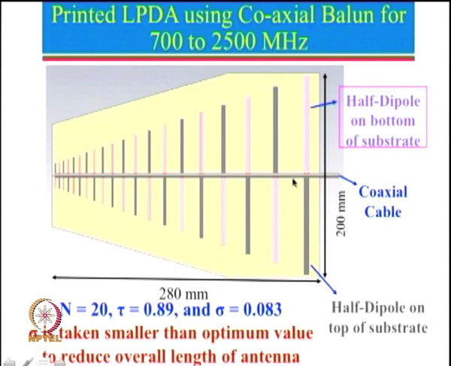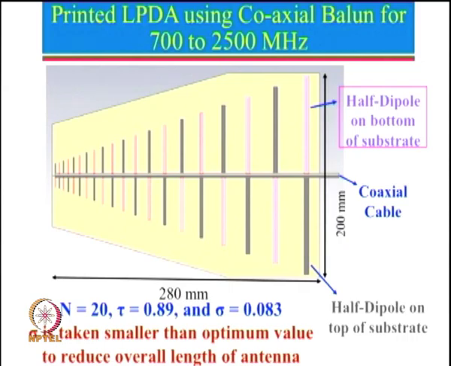The fabrication is very simple. You just take a glass epoxy substrate, print on it, and use a feed line. Be careful about the feed line. I am repeating that how you feed it is very important, otherwise the radiation will not be proper. By doing this, the radiation is of course in the end-fire direction.